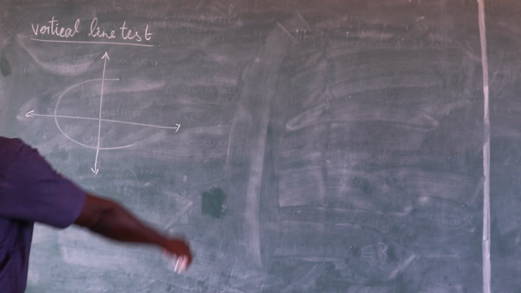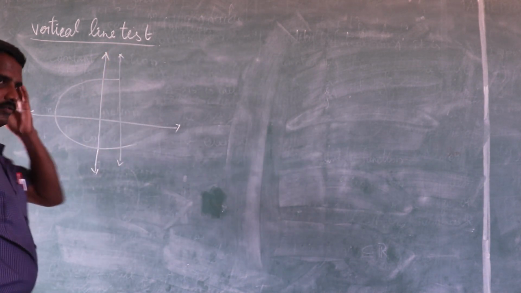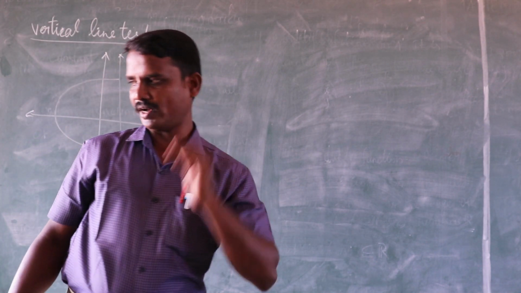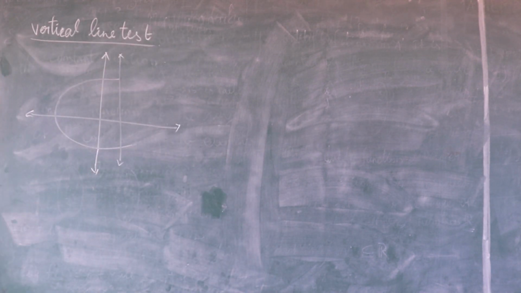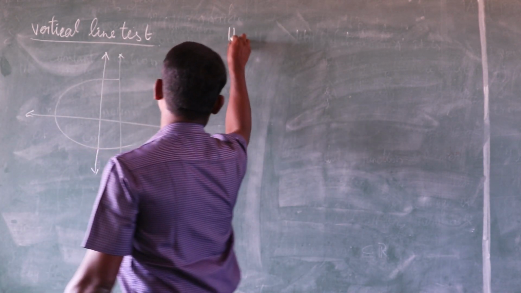You can draw a line parallel to the y-axis which intersects at one point only. That means at most one point, and it is called a function. Like that, the same for the horizontal line test.